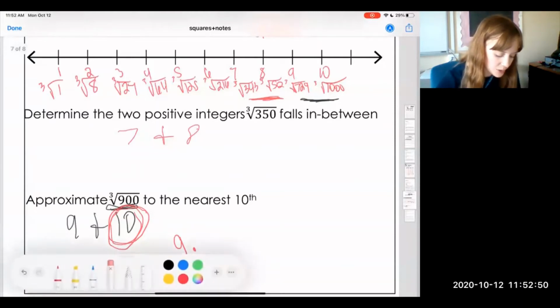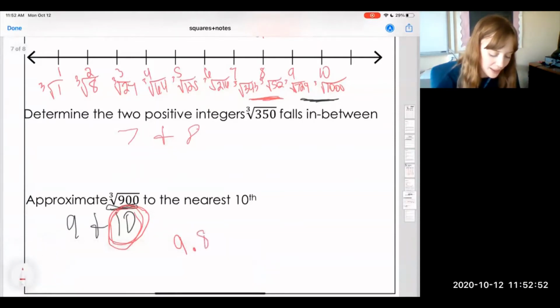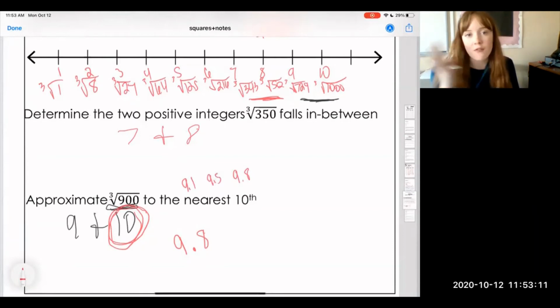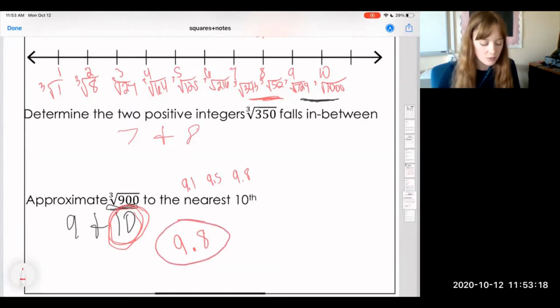It's not too close to 10, it's still a little bit far away, so I would guess like 9.8. So when I say higher decimals, what I'm thinking of is 9.1 is closer to 9. 9.8, 9.9, those are closer to 10. And then something in the middle would be like 9.5. So you're basing it on how far away your numbers are from the numbers that they're in between. And that's how we do the decimals.